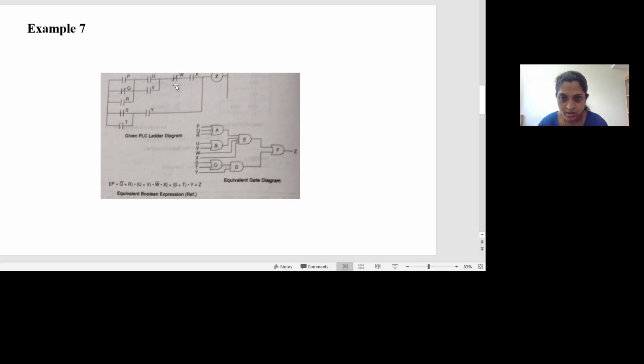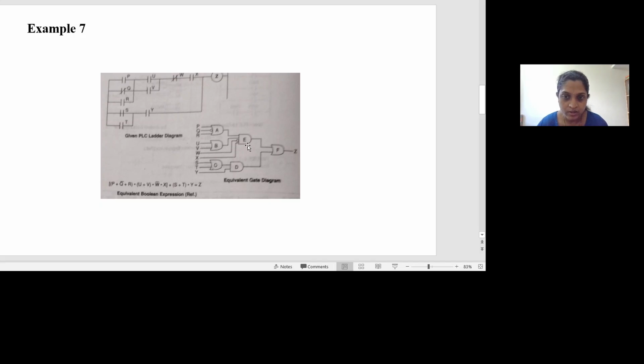Here you could see we have W and X. So W, X as well as the parallel combination of U and V and the parallel combination of PQR, they're all in series. So this is represented as a 4 input AND gate.